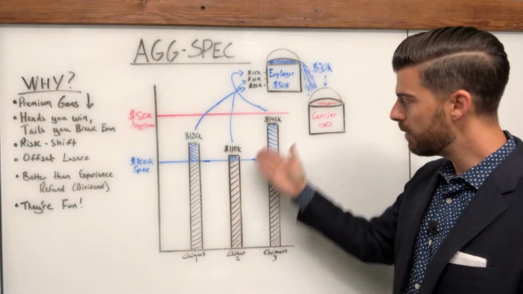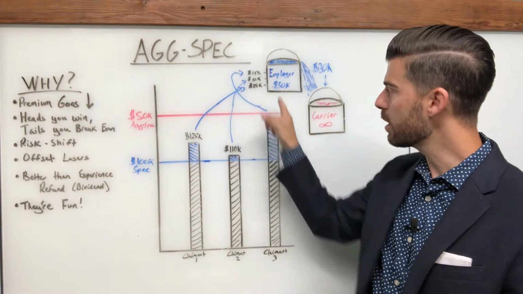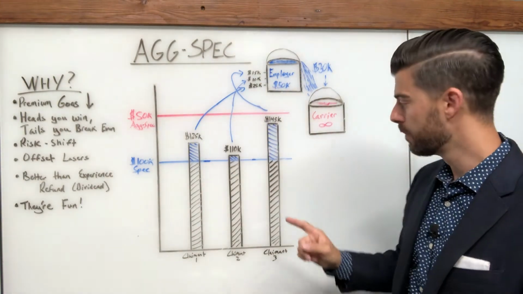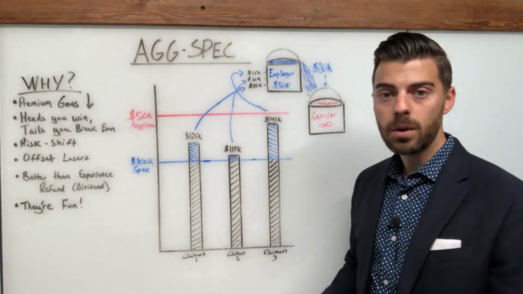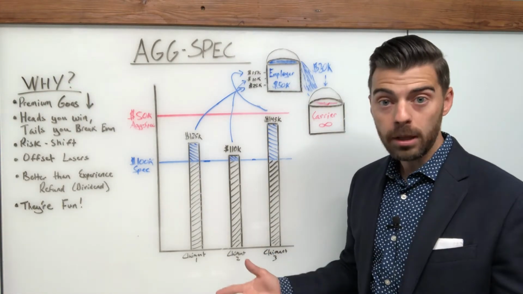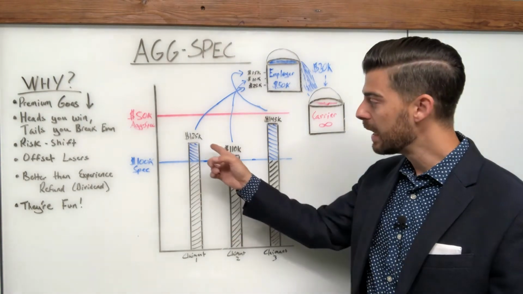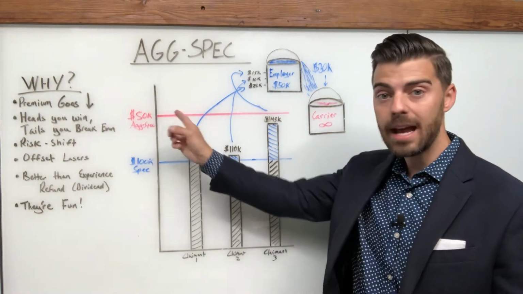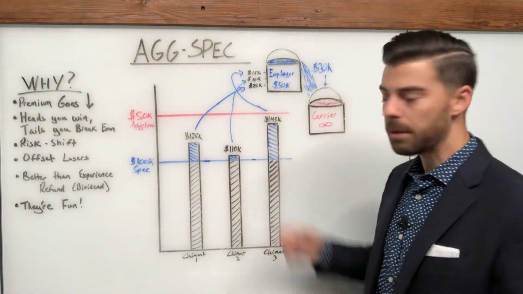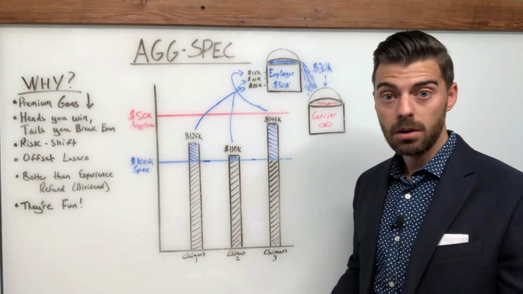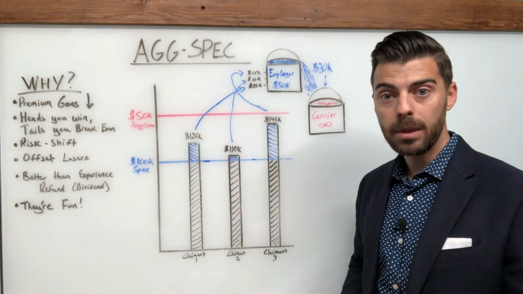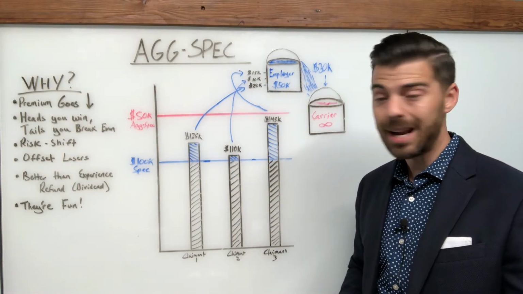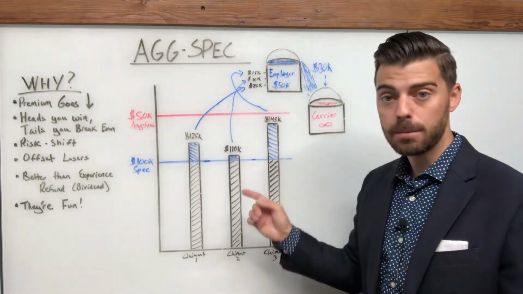So let's look at some individual examples, and I'll show you how those start accumulating into each bucket. First claimant, $125,000 claim. Normally, with specific stop loss only, that is a $25,000 reimbursement, but not when you have an Agg Spec. Next claimant, $110,000. Again, normally $10,000 would be reimbursed under the specific portion of the contract, not when you have an Agg Spec, okay?